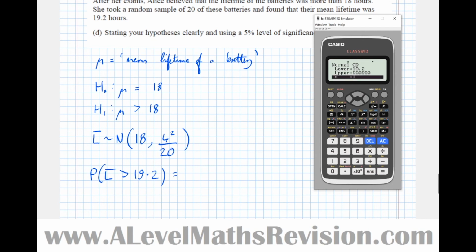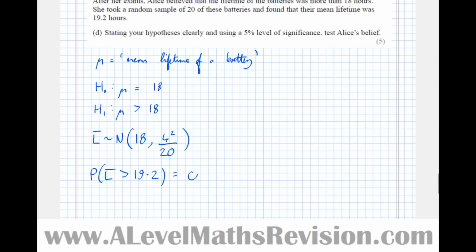The standard deviation is now the square root of the variance, which is 4 squared divided by 20, all square rooted. And the mean is still 18. So the answer is 0.0898. And that is greater than our significance level.